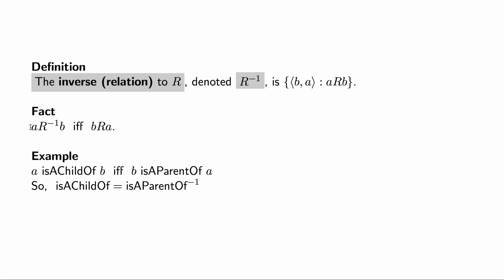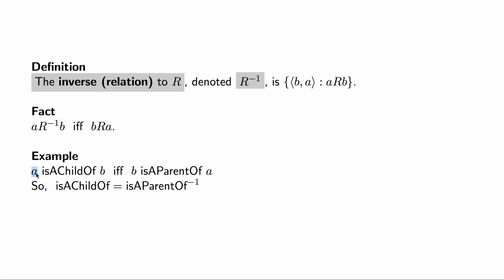So from this definition we see that A and B are related by the inverse relation if and only if B and A, in this order, are related by the original relation. Here is an example.